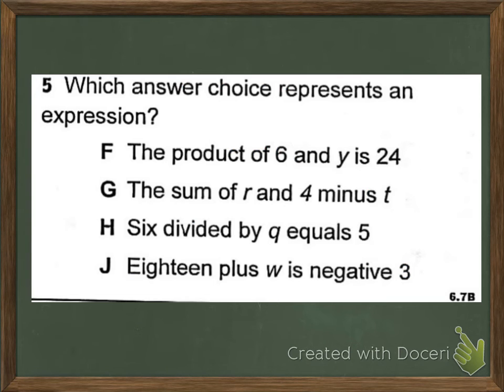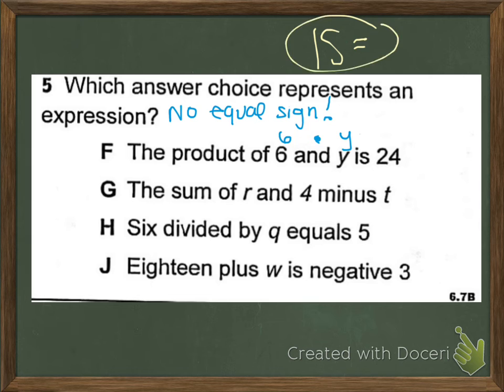Okay. Which answer choice represents an expression? So an expression means that there is no equal sign. So if we have product, that means that we're going to be multiplying, right? So the product of 6 and y, the word is means equals.